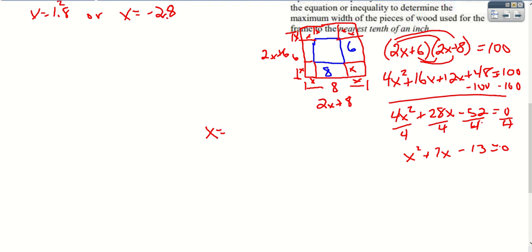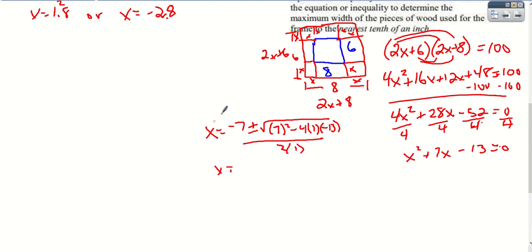So x is equal to negative b, so negative 7 plus or minus the square root of 7 squared minus 4 times 1 times negative 13, over 2 times 1.